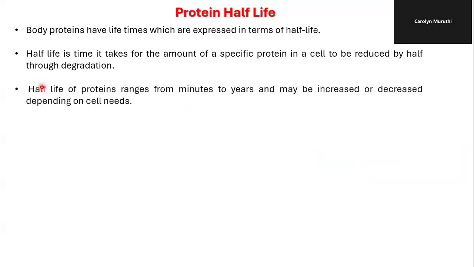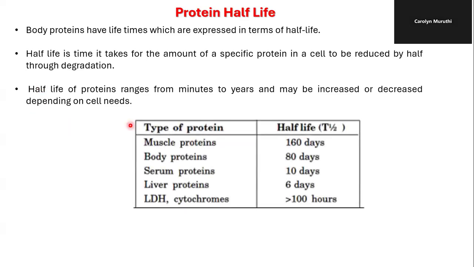The half-life of proteins ranges from minutes to years, and this is dictated by the needs of our cell, so it may either increase or decrease depending on cell needs. Some examples of half-life of different proteins: muscle proteins have a half-life of 160 days, whereas lactic dehydrogenase and cytochromes have less than 100 hours of half-life.